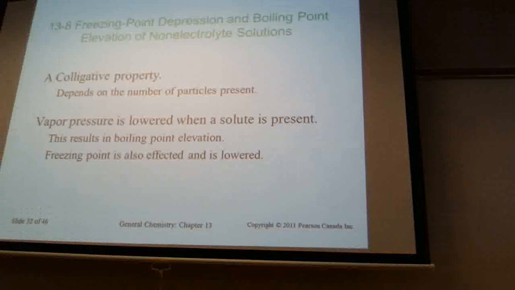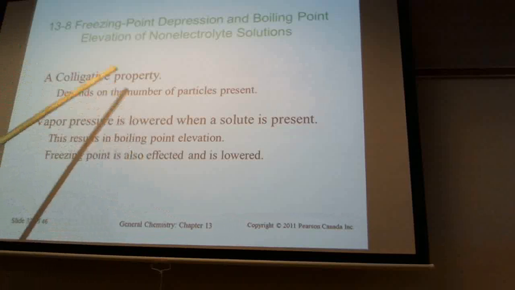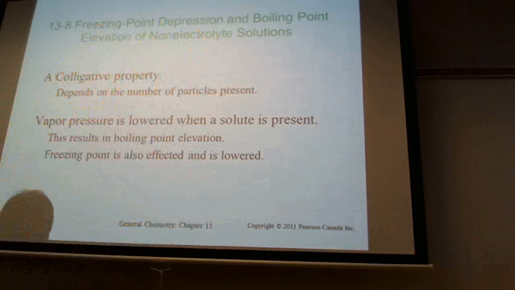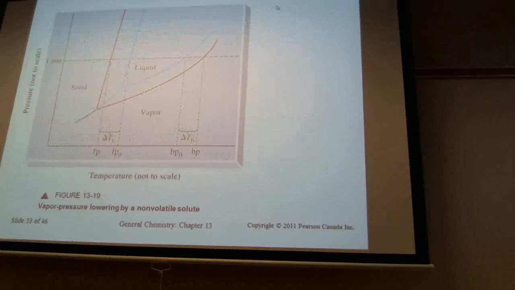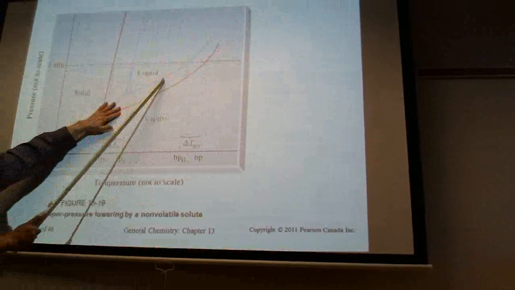So osmotic pressure is one of the things when vapor pressure is lowered. Colligative means a collection of properties. And the collection of properties, osmotic pressure, freezing point depression, and boiling point elevation, all depend on the same thing, vapor pressure lowering. And so what happens when you lower the vapor pressure? This curve drops. So this is the pure liquid.